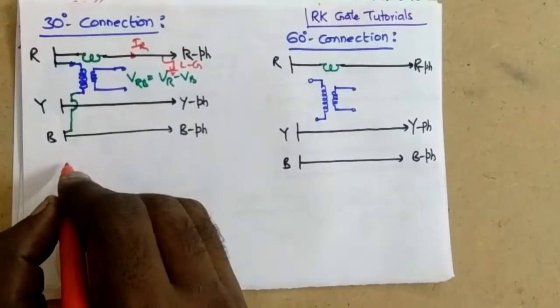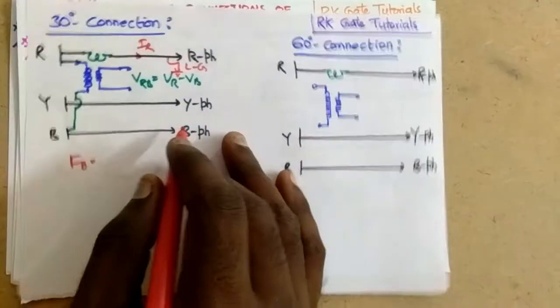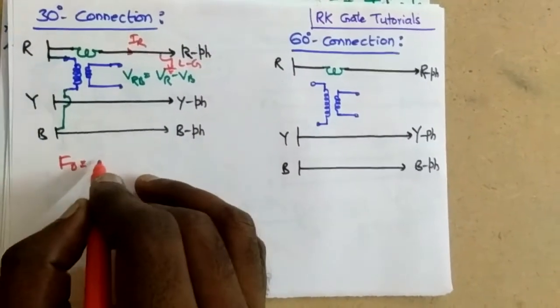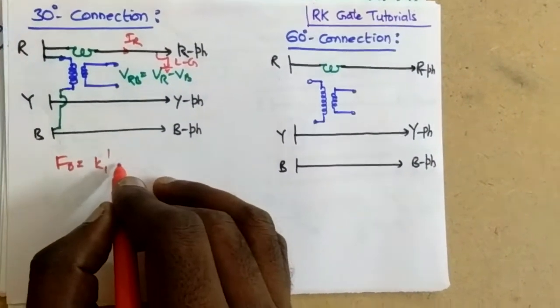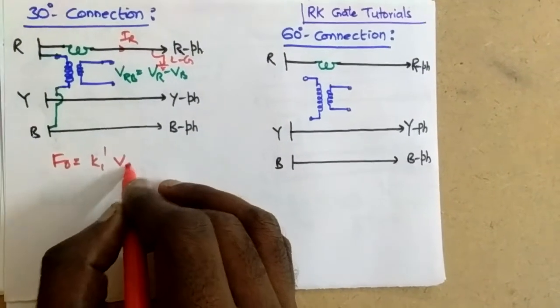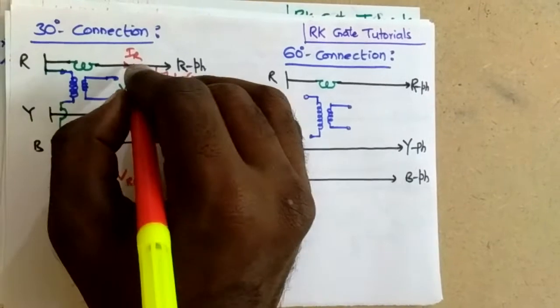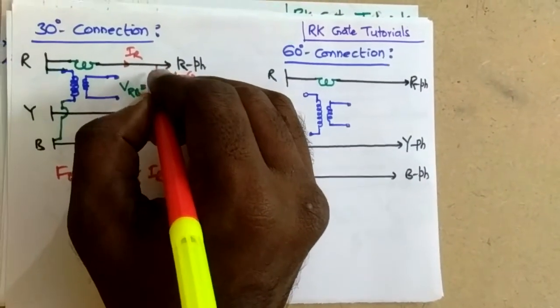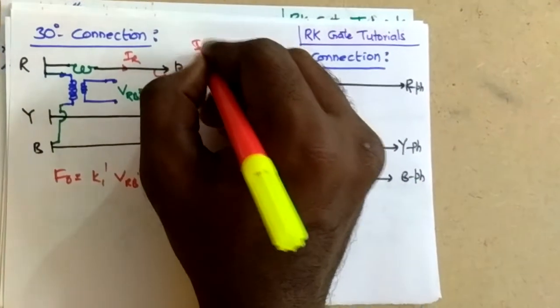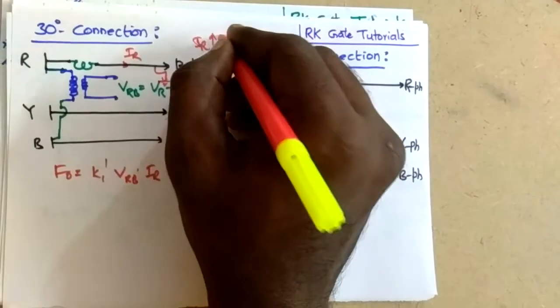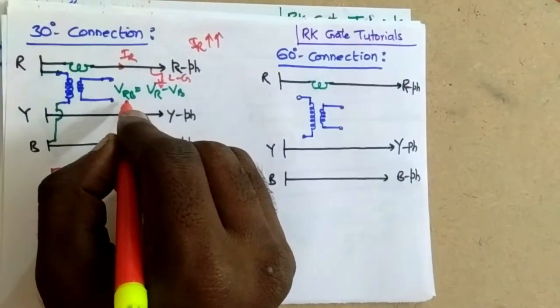So simple, the operating force is equal to k1 dash into VRB into IR in this case. Since there is a line to ground fault, IR always flows, which is more in magnitude. So IR is a fault current which is more in magnitude, and it senses VRB.